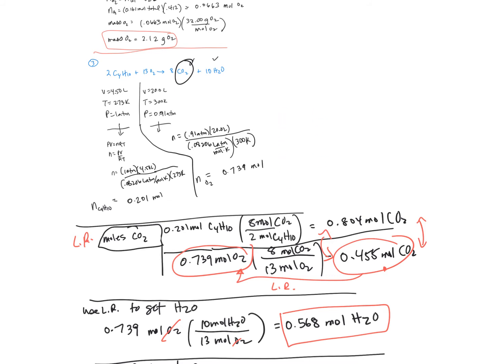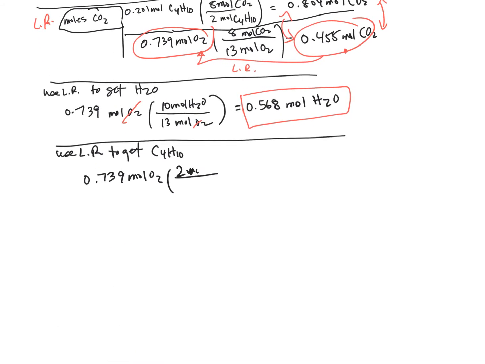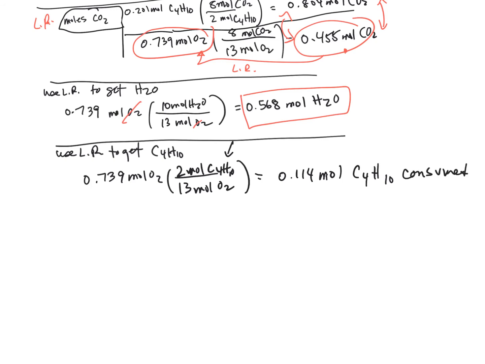So it's a 2 to 13 ratio. 2 moles of butane, C4H10, for every 13 moles of O2. The numbers are right, but the unit right here was incorrect. It said water. And so you get 0.114 moles C4H10 consumed. So that means how much was used up in the reaction.